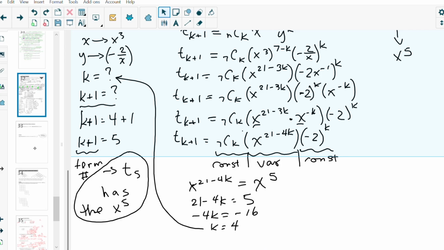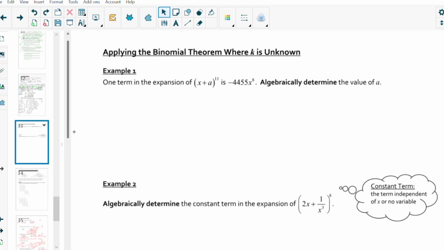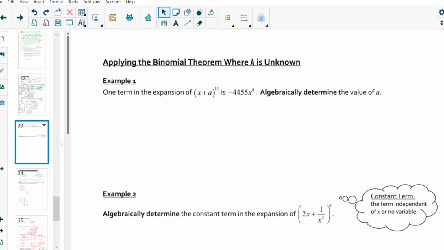Okay, next page. Okay, applying the binomial theorem where k is unknown. So one term in the expansion of x plus a to the 11th is negative 4,455 x to the 8th.